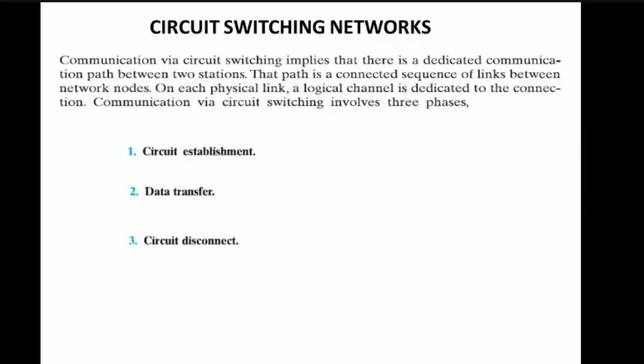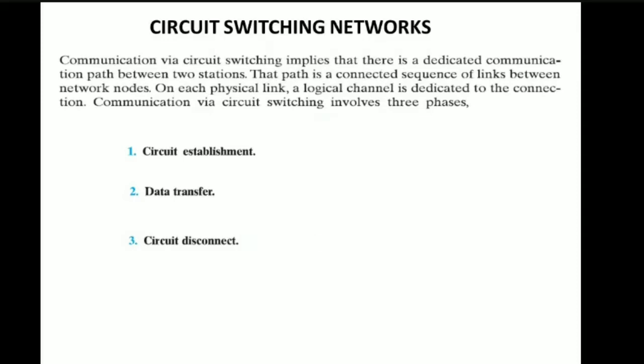Okay, so when we are switching information with the help of a circuit switching network, it involves three phases. How many phases does it involve? Three phases. They are: the first one, circuit establishment; the second one, data transfer; and the third one, circuit disconnection. So these are the three important phases: circuit establishment, data transfer, and circuit disconnect.